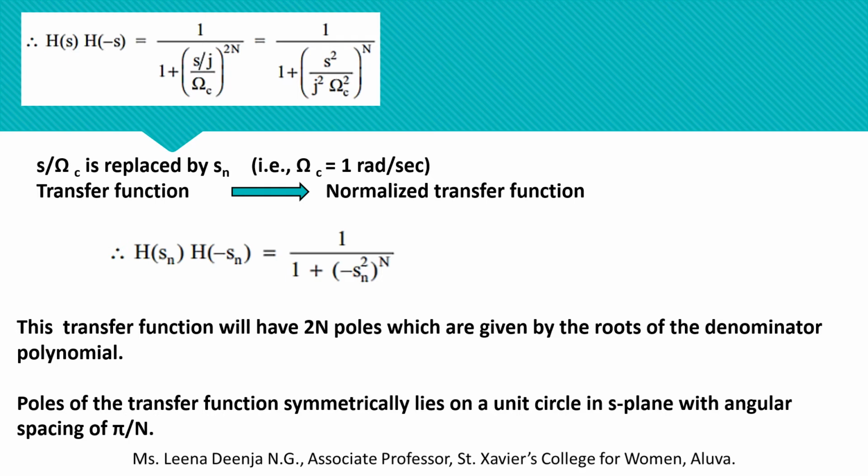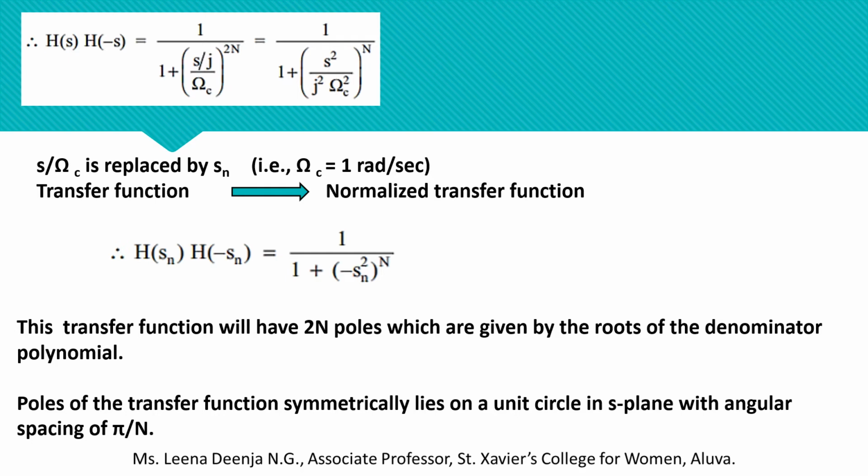S by ωc is replaced by Sn, that is, by letting ωc equal to 1 radian per second. The transfer function is then called the normalized transfer function. Therefore, the normalized transfer function H(Sn) H(-Sn) = 1 / (1 + (-Sn²)^N).